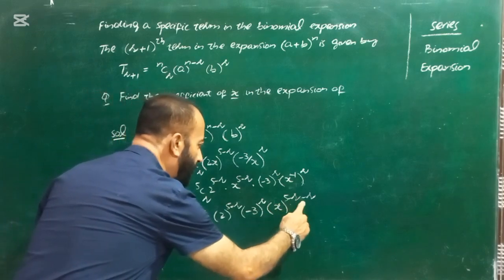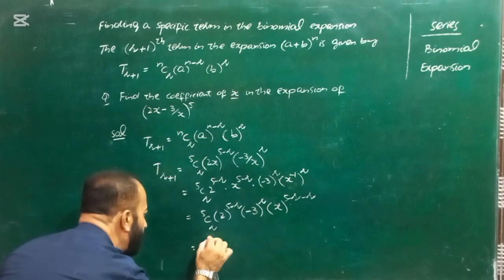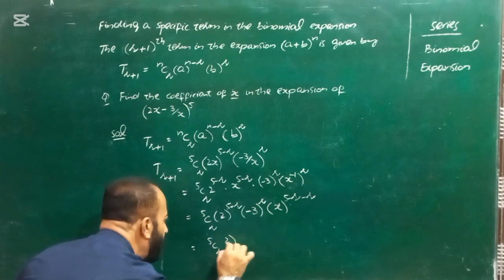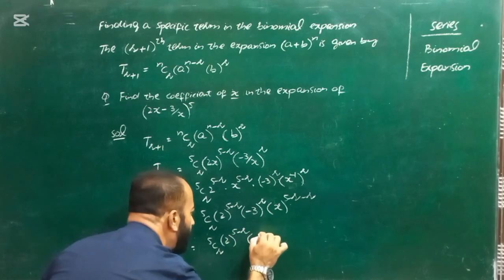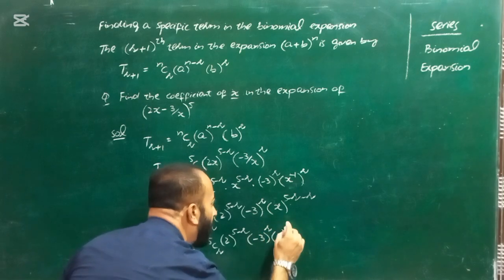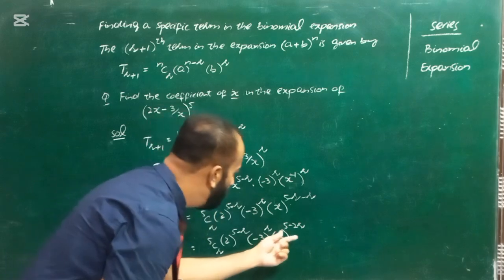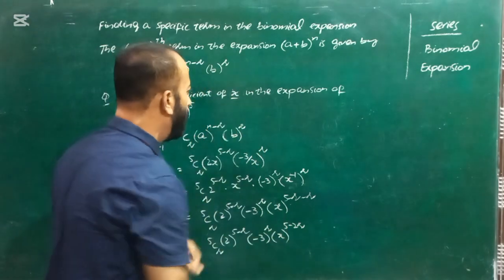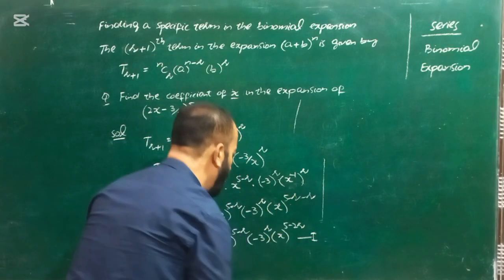So from here you can see this is 5 minus 2r. So write another step: 5Cr into 2 raised to power 5 minus r into minus 3 raised to the power r into x raised to the power 5 minus 2r. So now we will compare this x power with this x power. So call this equation number 1.